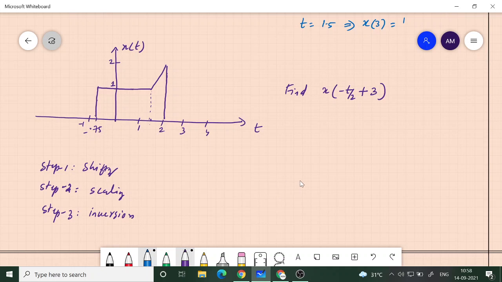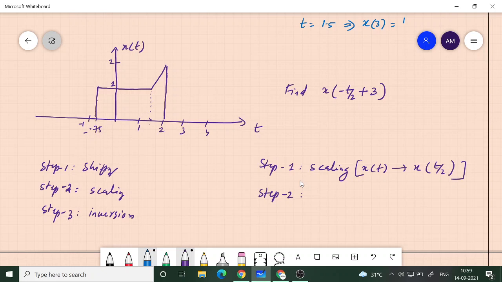So can we do first scaling? Okay, so step 1 you want scaling. So scaling means, let me write it explicitly, x of t you want to go to x of t by 2, right? This is what you mean? Okay, good. Then step 2, what do you want next?